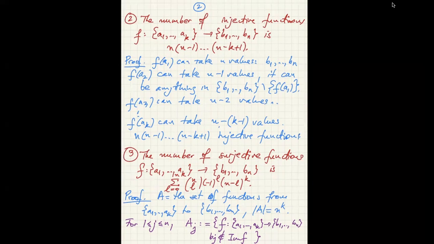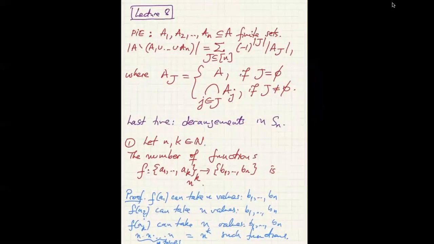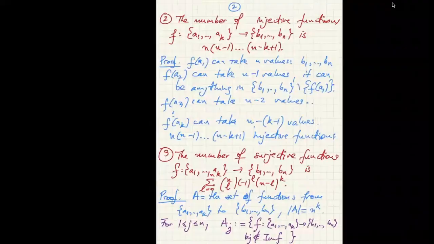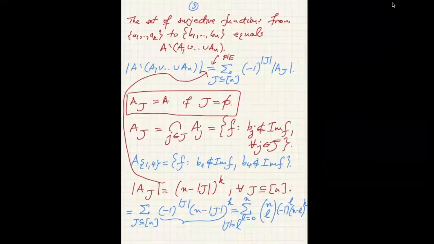We'll come back to this topic later on when we talk about Stirling numbers of the first kind and second kind. Okay, so this is one combinatorial application of the principle of inclusion-exclusion.